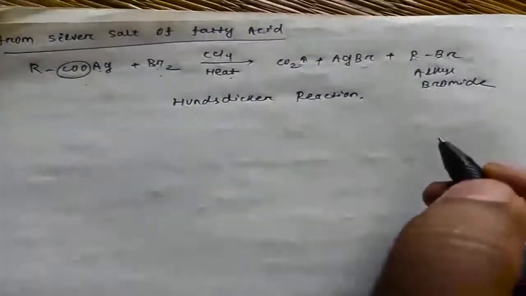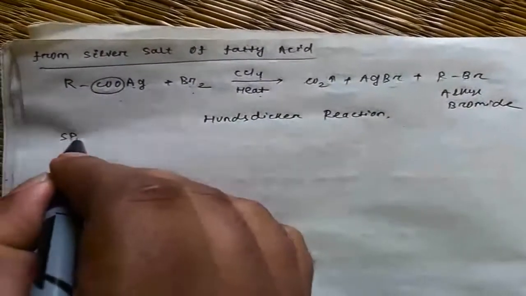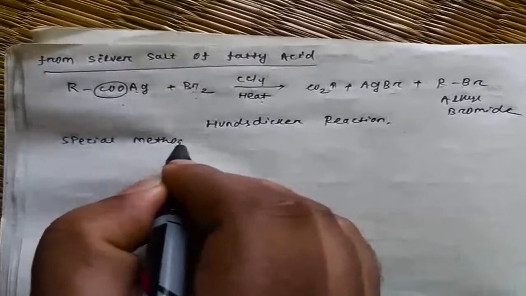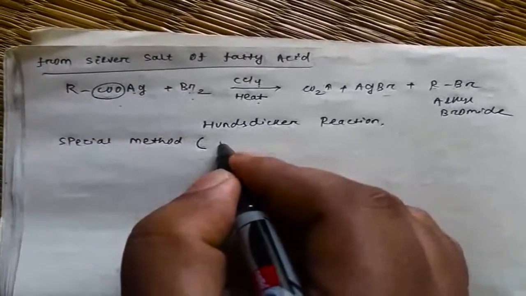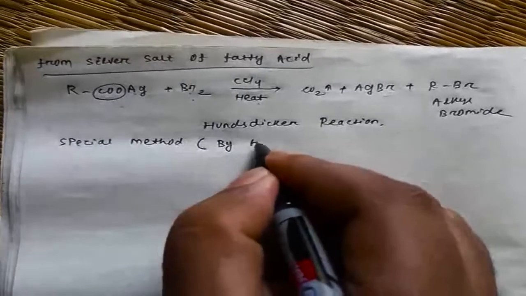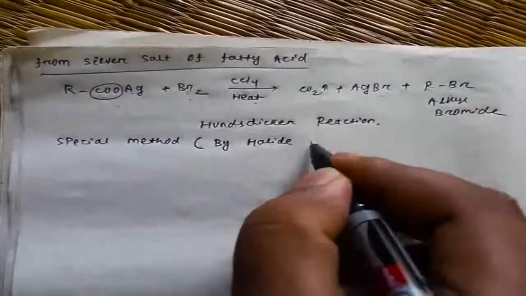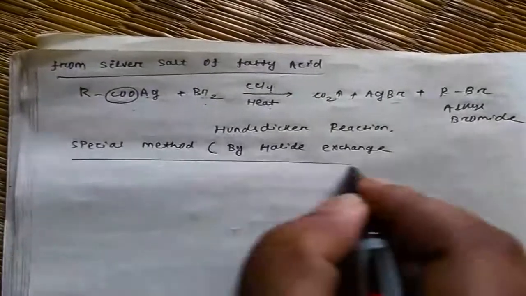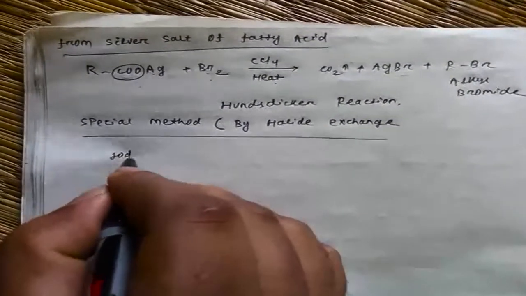Then special method of preparation of alkyl halide, also called preparation of alkyl halide by halide exchange process. First, we can prepare iodoalkane.